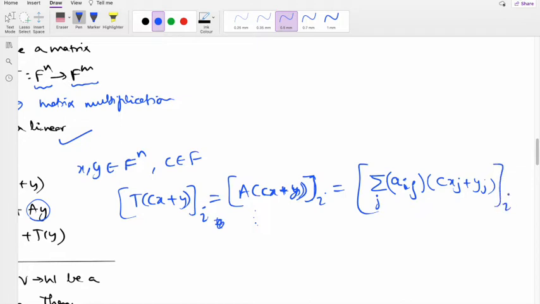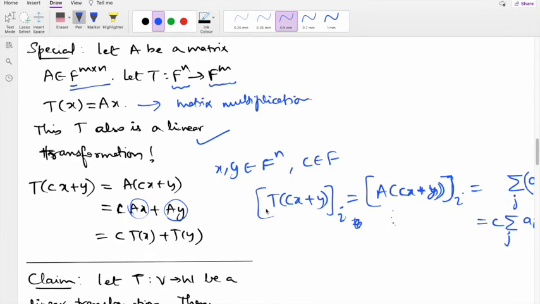This is the ith element of this particular vector. So the ith element is defined in this way. Now I can write this as sigma of A_ij times c x_j, plus sigma over j again. So here j will be from 1 to n, because you have m rows and n columns.